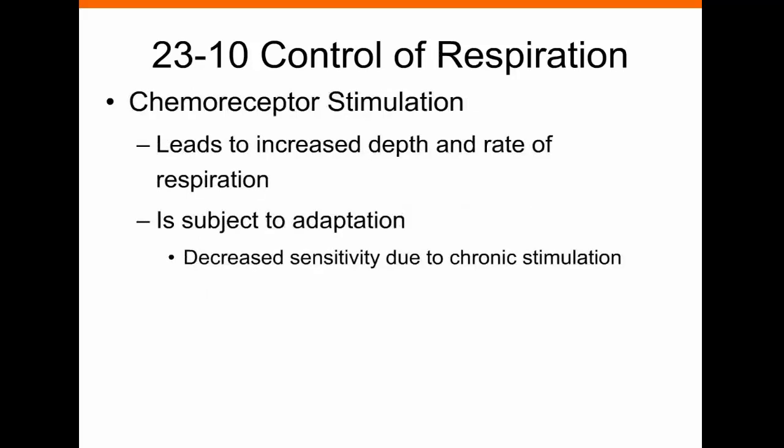So if we get chemoreceptor stimulation, it leads to an increase in the depth and the rate of respiration, and it's subject to adaptation. So if you have a person who's got a pathology like chronic obstructive airways disease, their body is always functioning with a high level of carbon dioxide, and then their sensitivity to stimulation can be decreased over time.